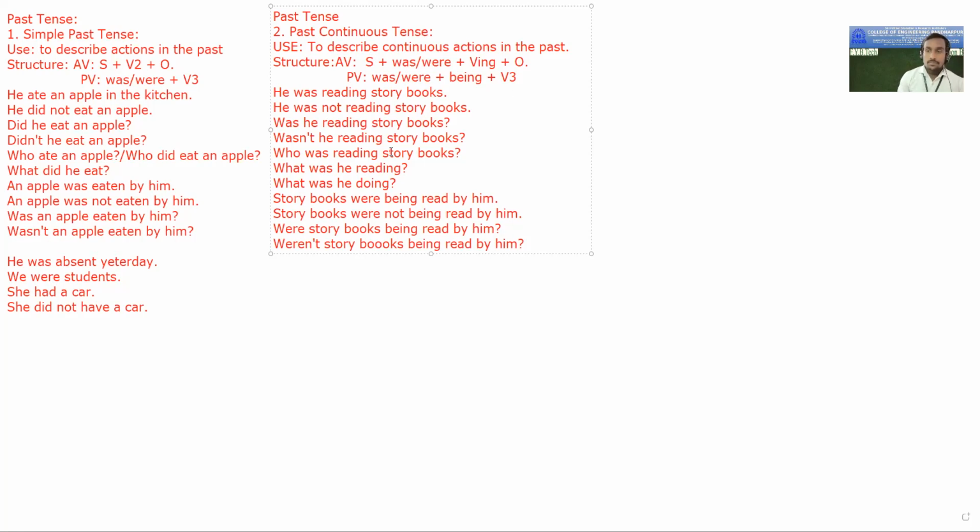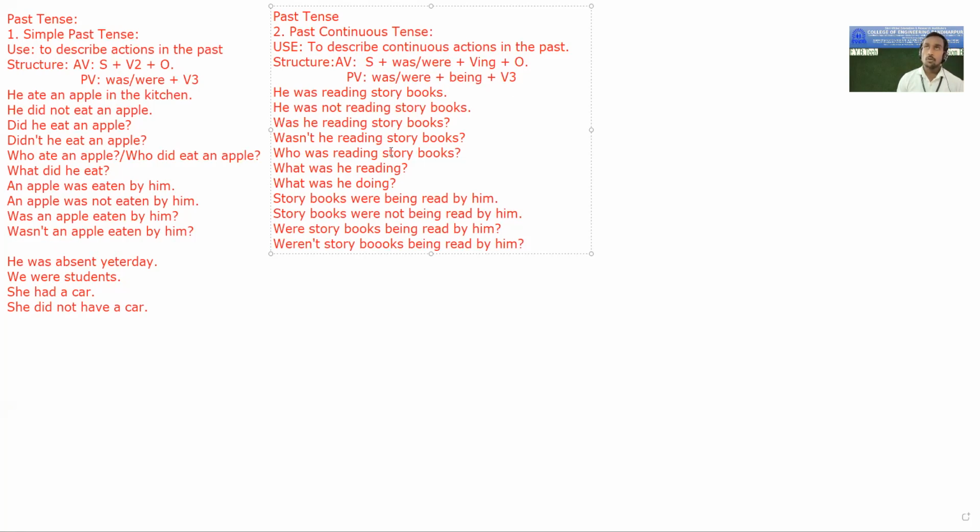Sir, I have a question. Yes. Sir, where we use was/were as a main verb, can we call was/were a modal auxiliary? No, they are not modal auxiliaries. Though they are used as main verbs, they are called primary auxiliaries. Okay.